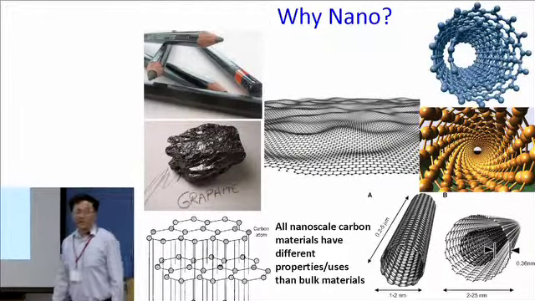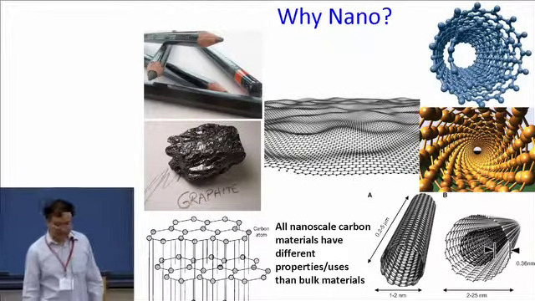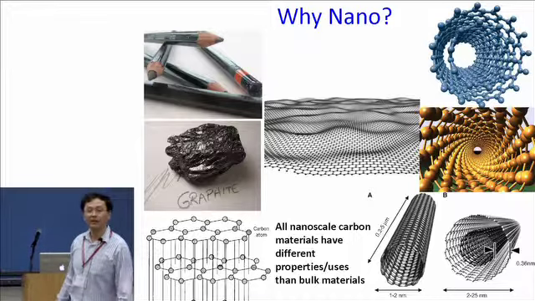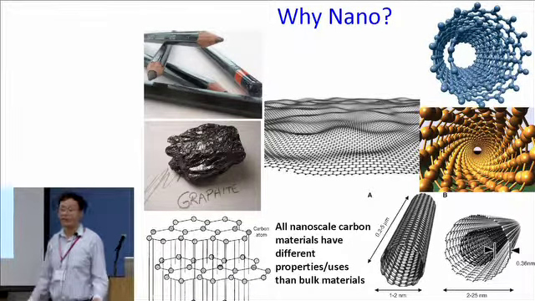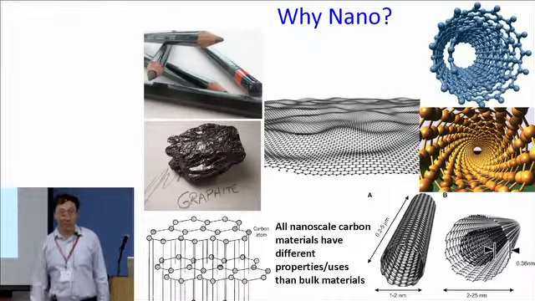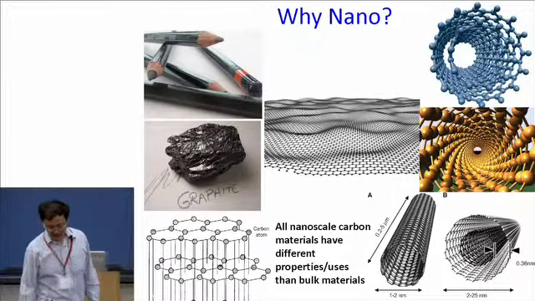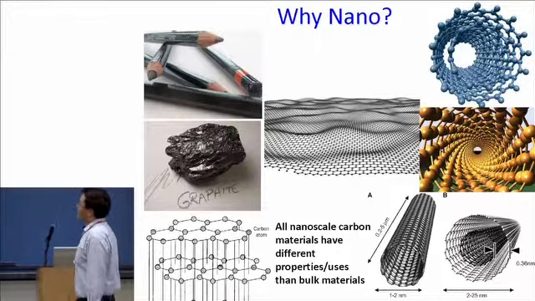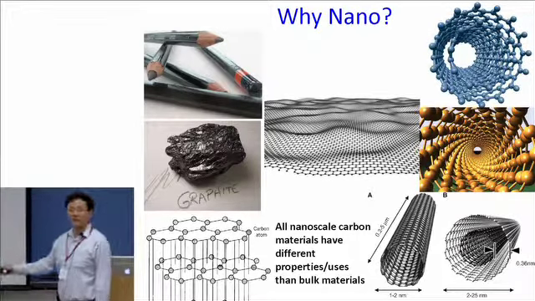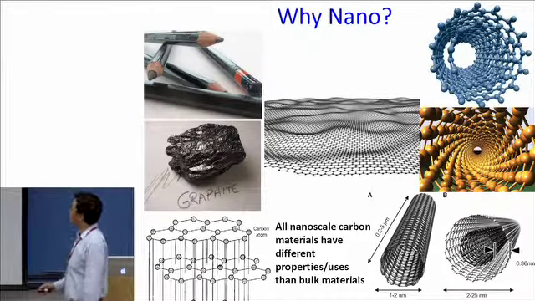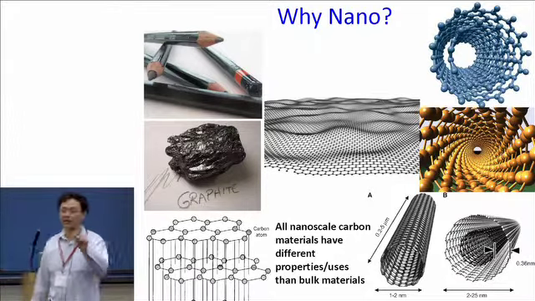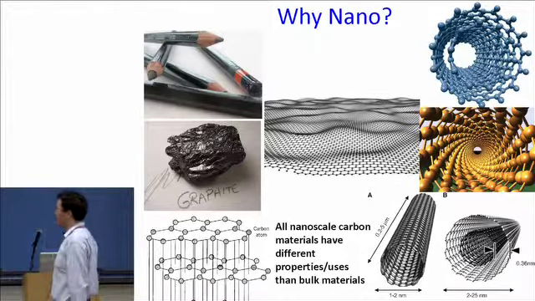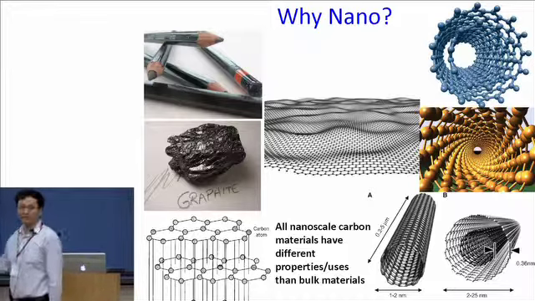Another example I'll give you is carbon. As you know, in your pencil lead you have graphite, and you use it every day to write. This is a three-dimensional crystal, but you could think of making it two-dimensional, just taking a sheet of graphite, and that's called graphene.